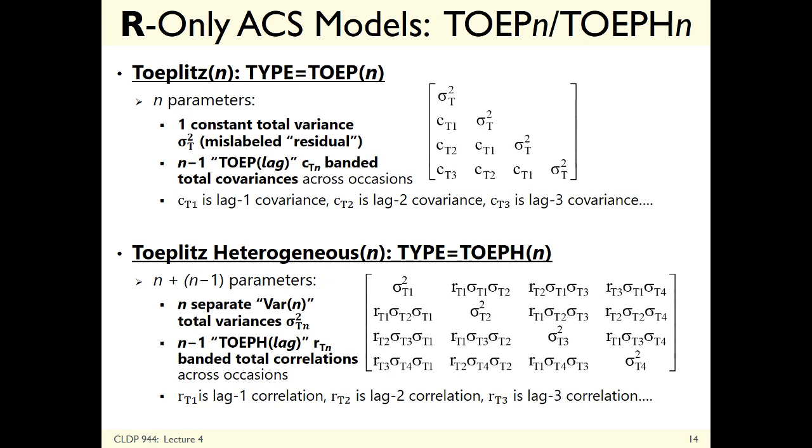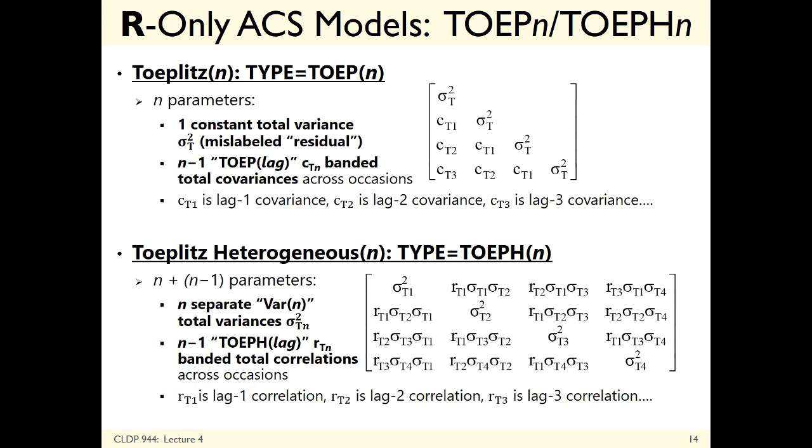So if I have a 4x4 matrix, that means I have 4 occasions. 4, yeah. It's 1 variance and 3 different covariances, 1 for each time lag. And put that one up here. So this is one that gets more parameters the more occasions you have. Right now we're at 4.